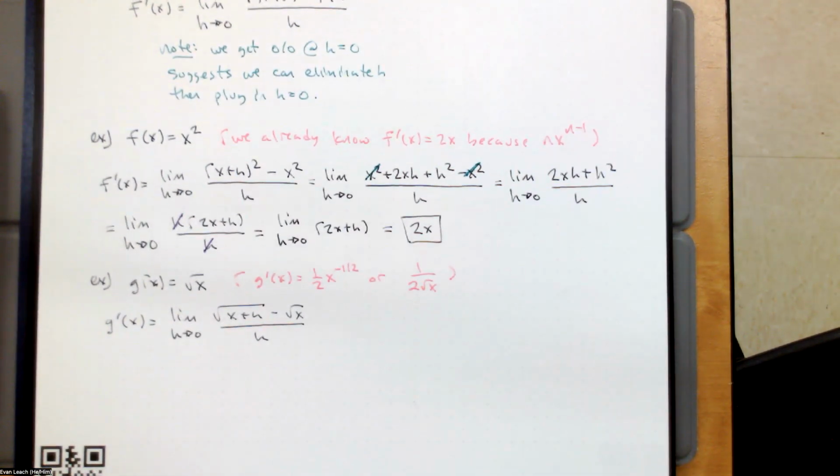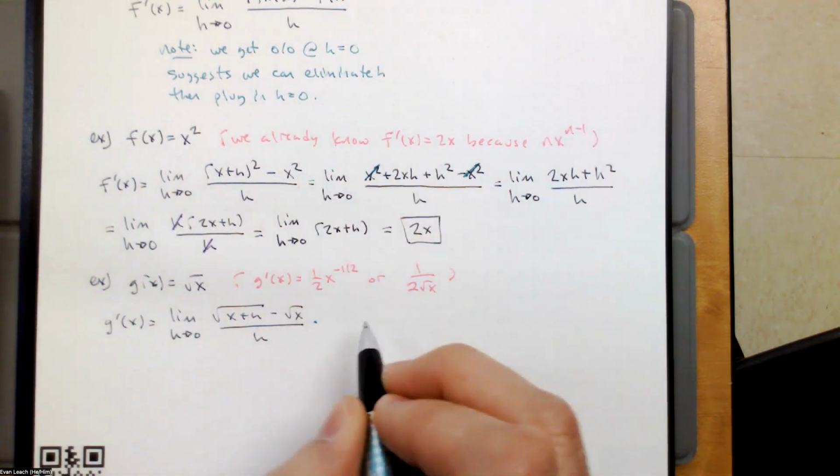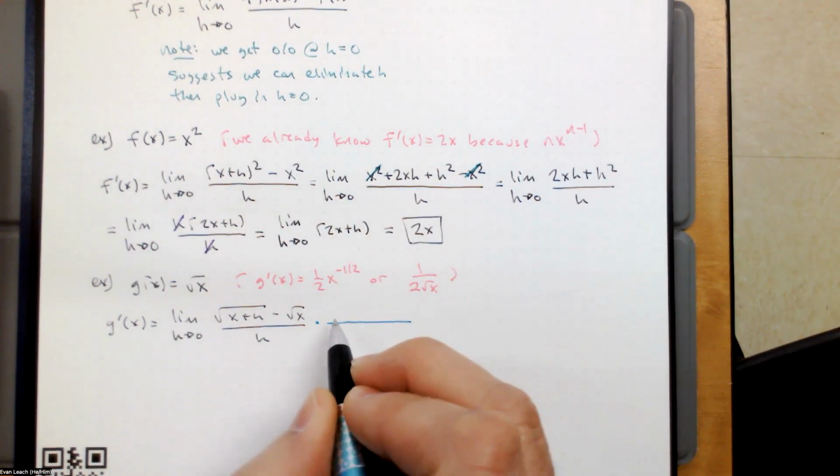what we're going to do is we're going to multiply by 1. That is a poor description of what we do, but it's funny that way. We're going to multiply by 1, but we're going to do it in a specific way. We're going to rationalize the numerator. I'm going to get rid of these radicals by multiplying by the conjugate of the numerator.